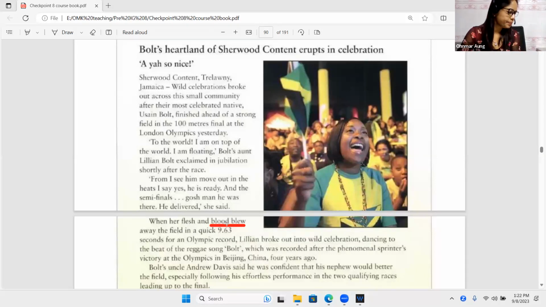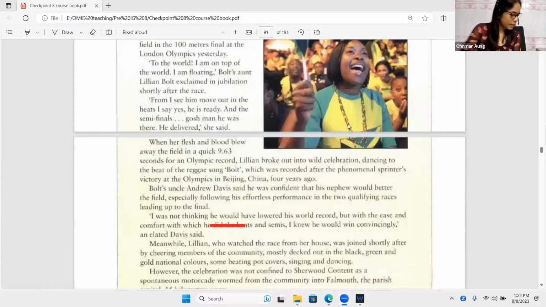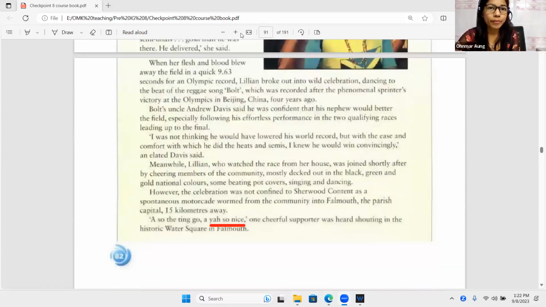Any other? And meanwhile paragraph. Please check meanwhile paragraph. For the sake of that, I will help you. Yeah. Hearing the members of the community.